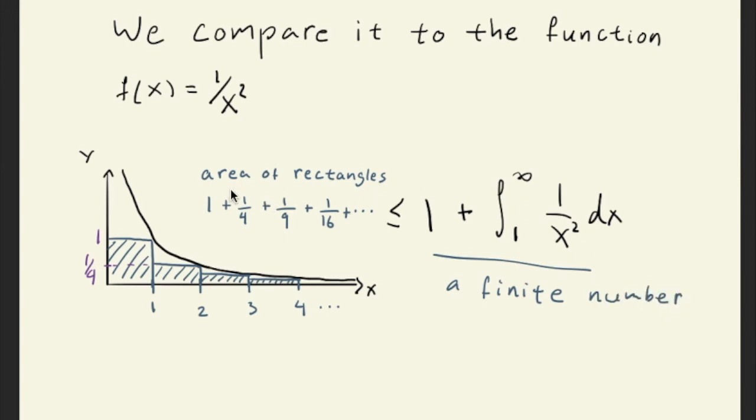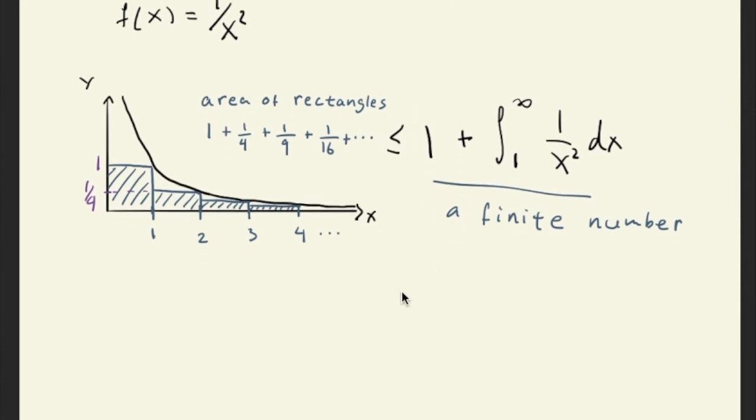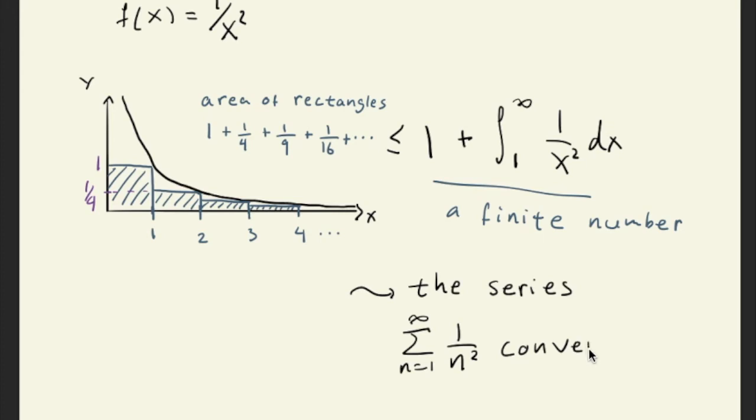So the series converges. It can't go to infinity. The series sum from 1 to infinity of 1 over n squared converges. That's the comparison method.